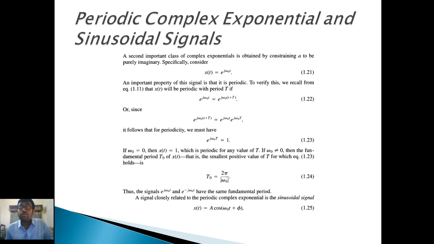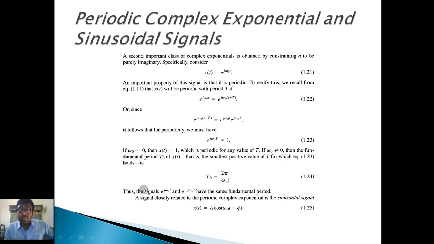If omega 0 is not equal to 0, then we compare with Euler's formula, where 1 is equal to e to the power j 2 pi. So we compare e to the power j omega 0 T with e to the power j 2 pi, compare the exponents, and we get this. And this is the periodicity of a complex exponential signal.